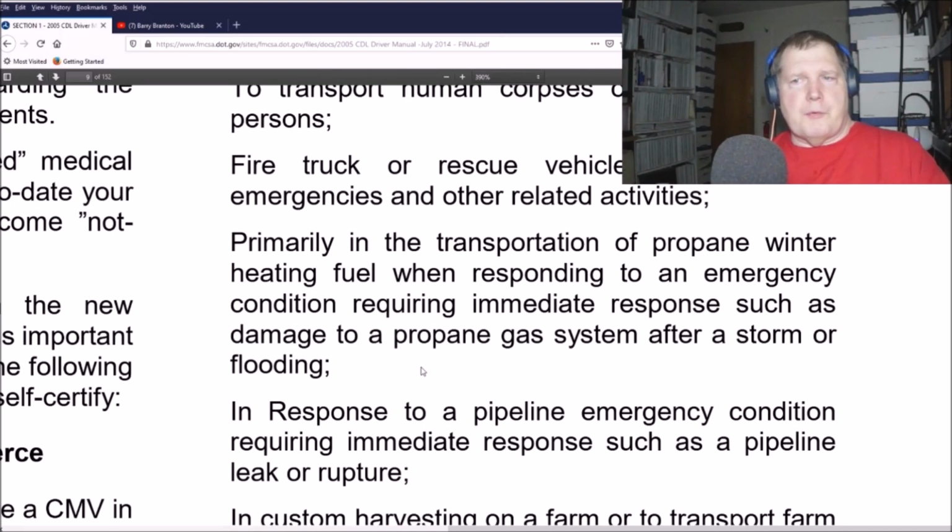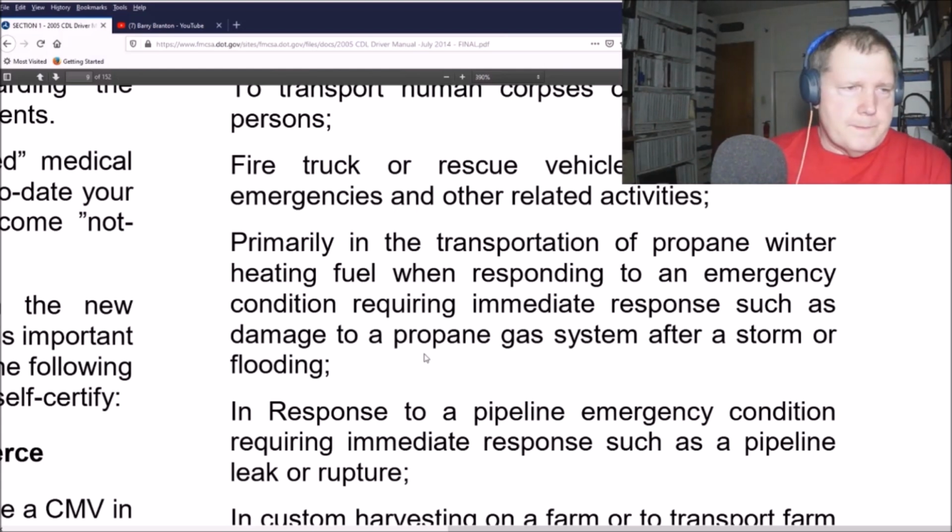Primarily in the transportation of propane winter heating fuel when responding to an emergency condition requiring immediate response, such as damage to a propane gas system after a storm or flooding.